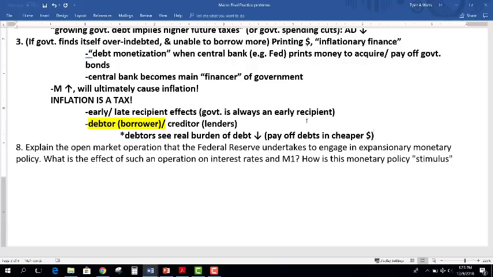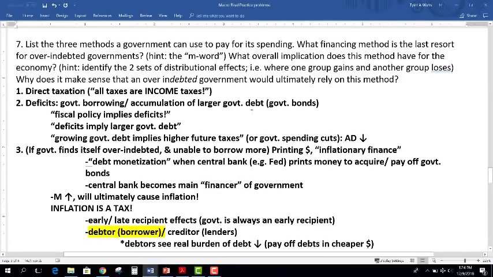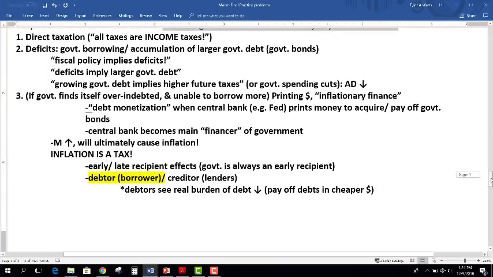Creditors are repaid in those cheaper dollars, so creditors can be really burned by this. Creditors could get their nominal money back, but that money's become worthless, so there was no return on the investment. Okay, those are the two distributional effects: early and late recipient, and debtor and creditor. And it makes sense that an indebted government, notice my emphasis here, would ultimately rely on this because government's the biggest debtor ever.